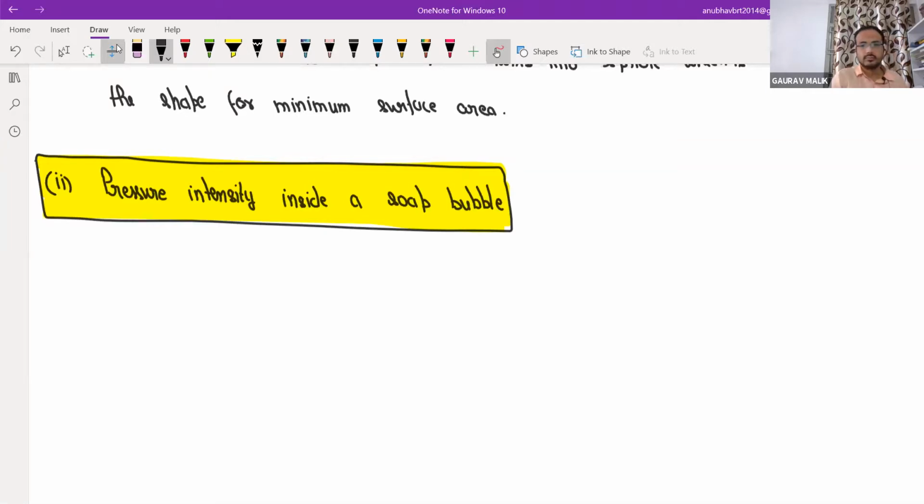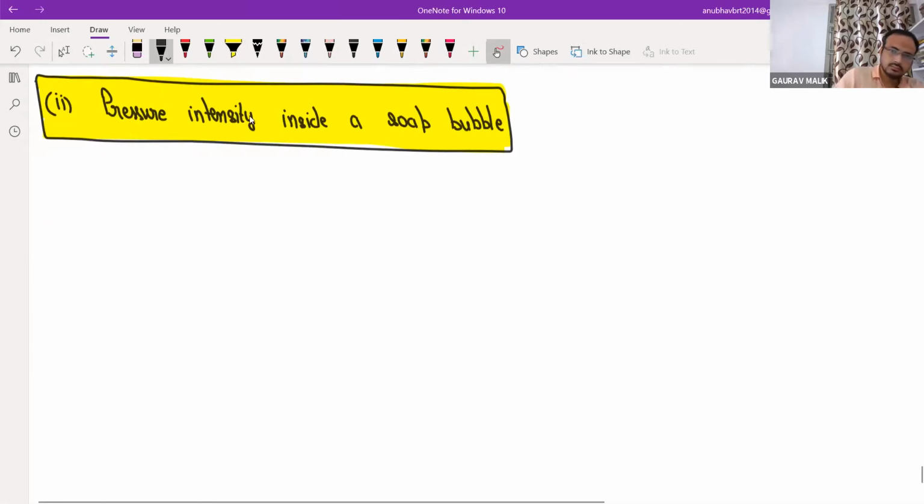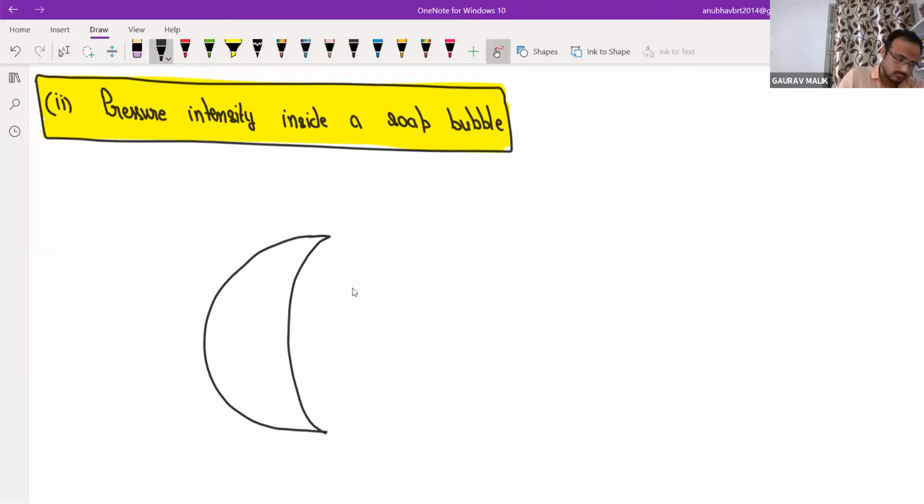Then again, half of a soap bubble. We know that this soap bubble has two free surfaces.